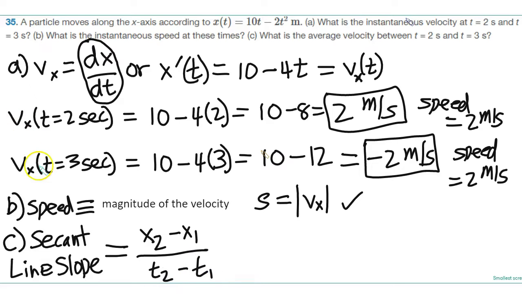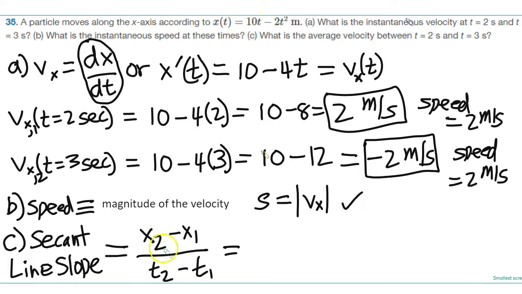We called this Vx, but we can call this Vx1, and this is Vx2, right? But what we really want to know is the position at time 2 and 1. We know what the times are, 3 seconds and 2 seconds, respectively. Well, I think we need to plug those times into the original function.